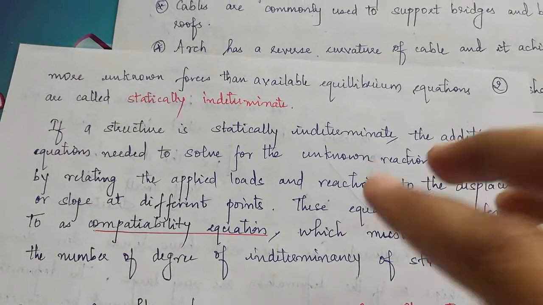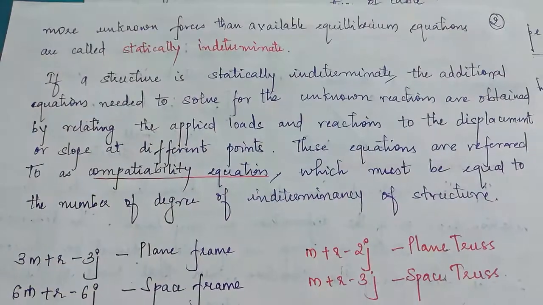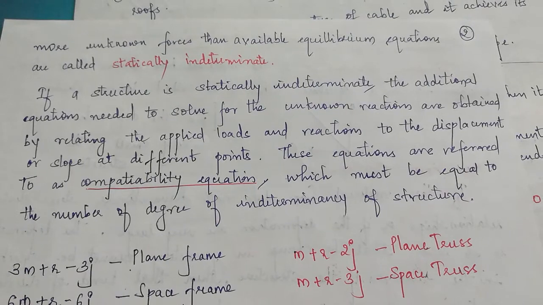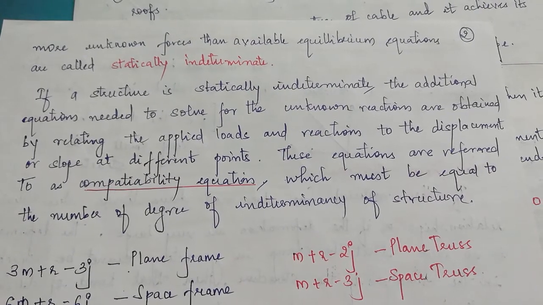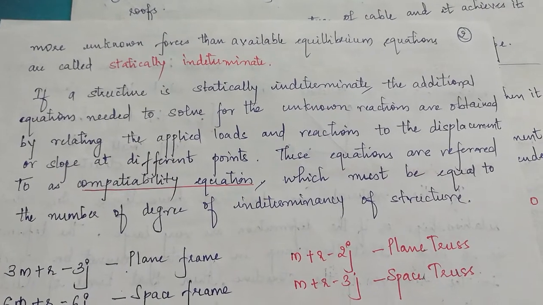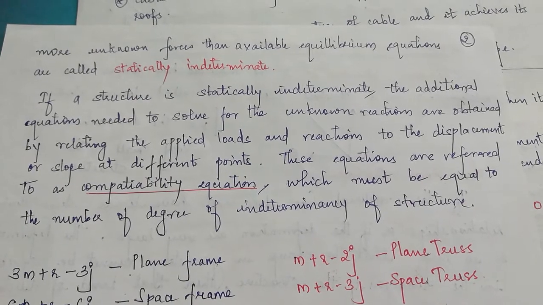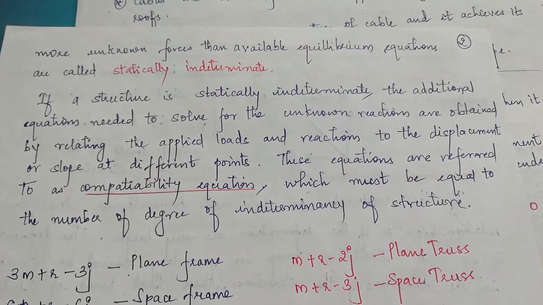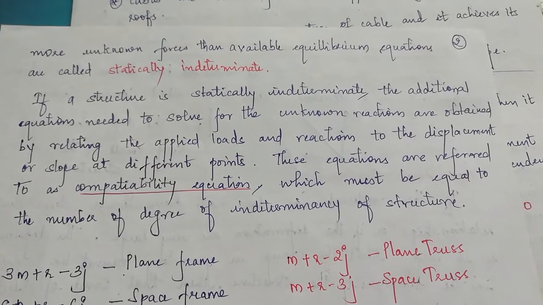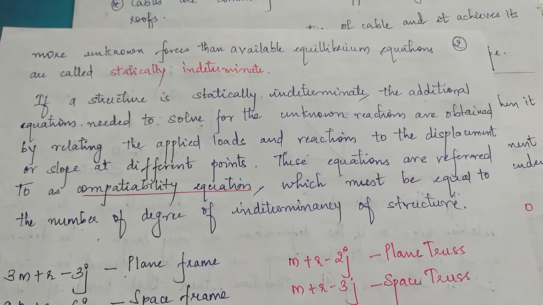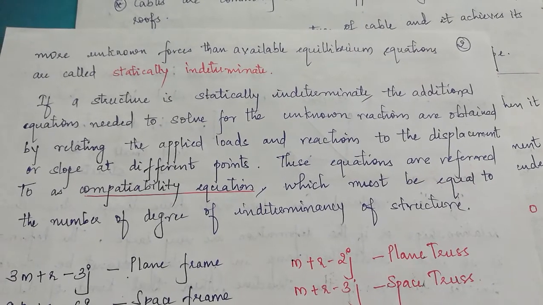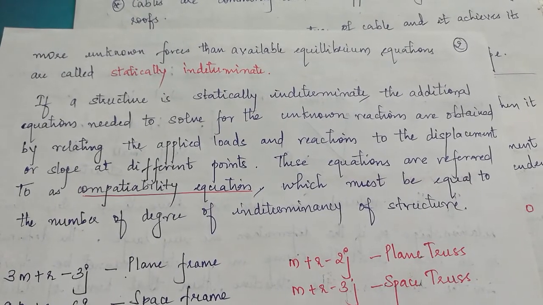So here it is stating that if a structure is statically indeterminate, the additional equations needed to solve for the unknown reactions are obtained by relating the applied loads and reactions to the displacement or slope at different points. These equations are referred to as compatibility equations, which must be equal to the number of degrees of indeterminacy of the structure.